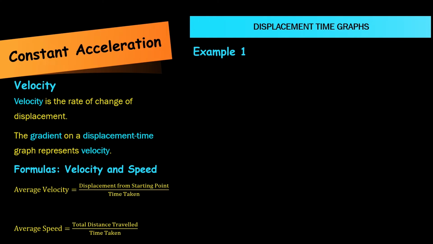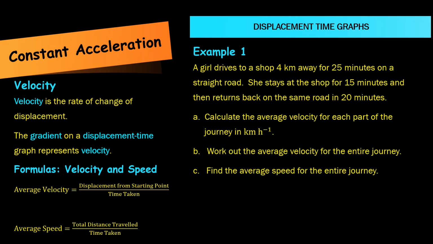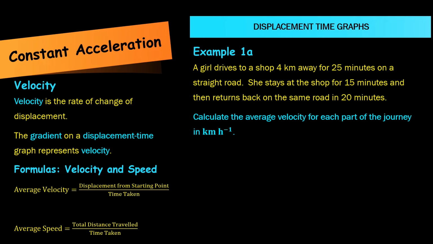So let's take a look at an example. Pause the video and have a go. Press play when you're ready to view the solutions. So let's solve example 1 part A first. A girl drives to a shop 4 kilometers away for 25 minutes on a straight road.